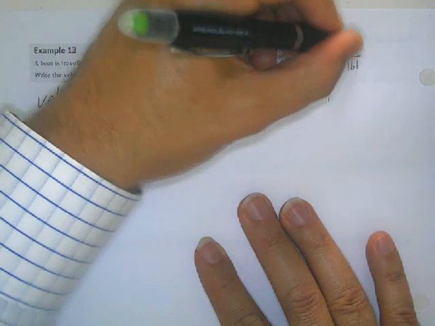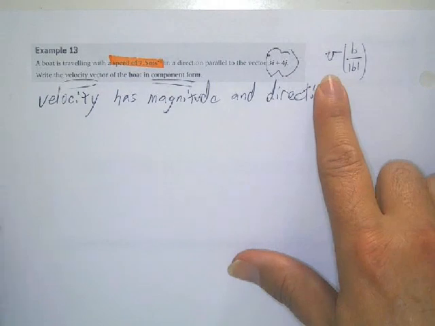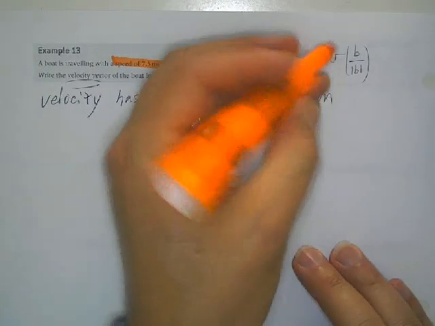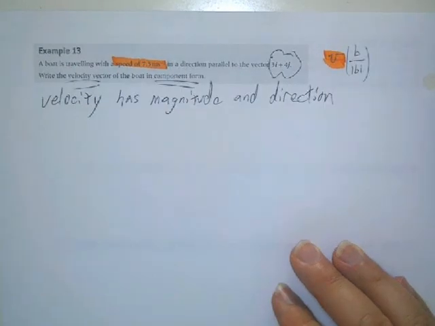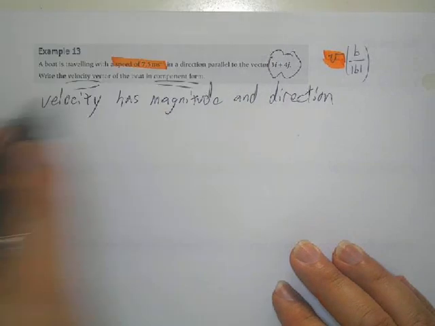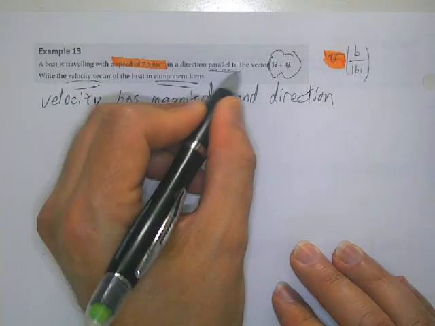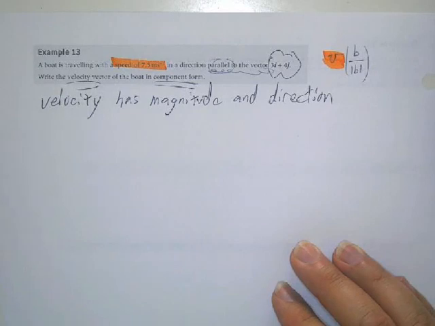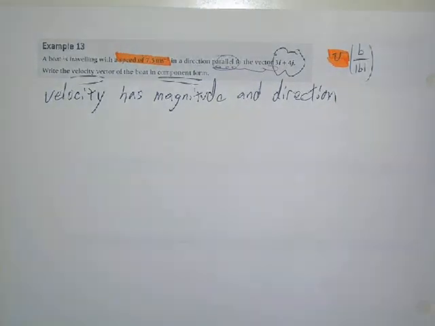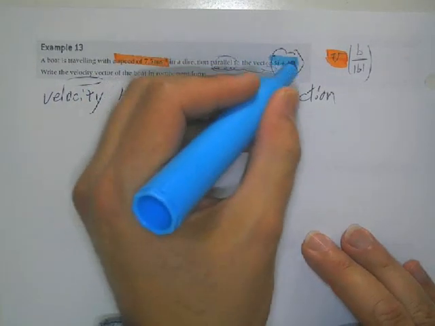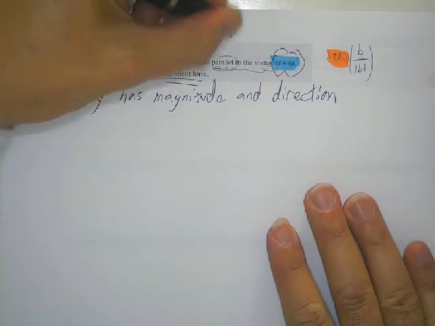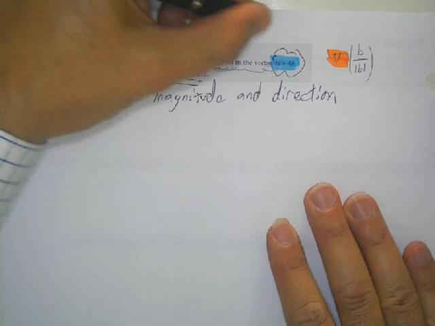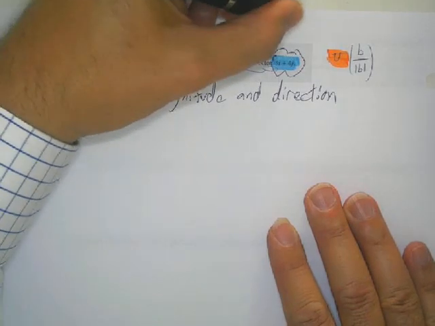So we know the speed already. We know the speed. We're told it here, and we've got a vector that's parallel, which is this right here. So the direction is equal to 3, 4.